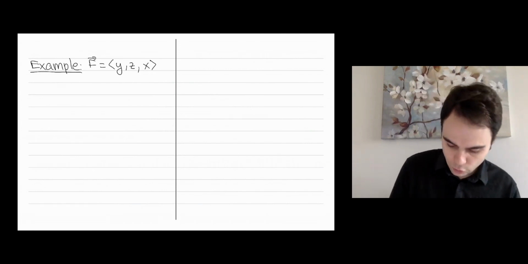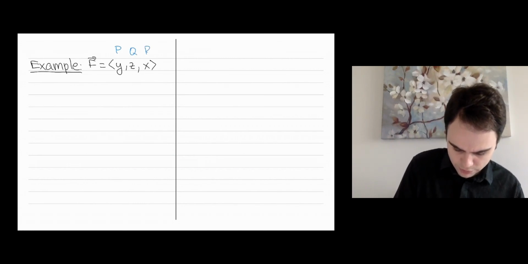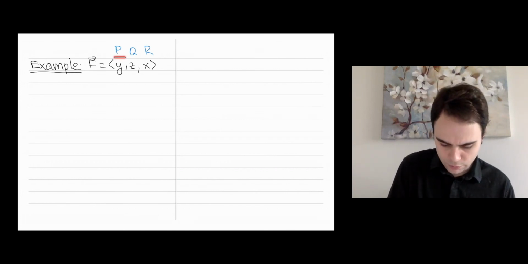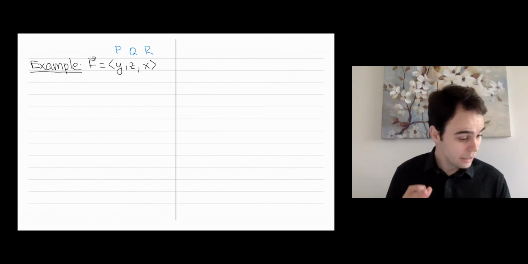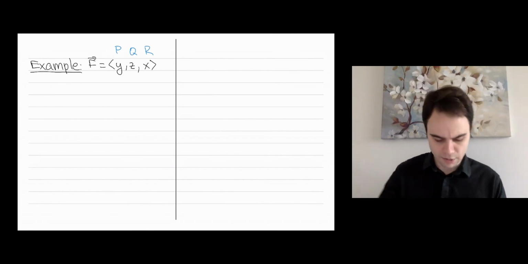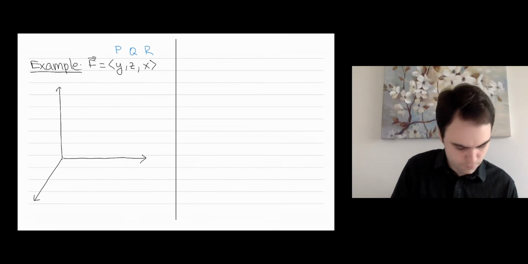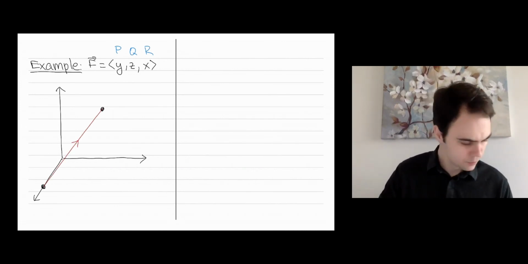It has three components. So normally in 3D, the first two are called P and Q, and the third component is called R. So P, Q, and R are functions of X, Y, and Z. And then we're integrating this vector field over just a line segment. So our line segment is this curve over which you're integrating that vector field looks like this.